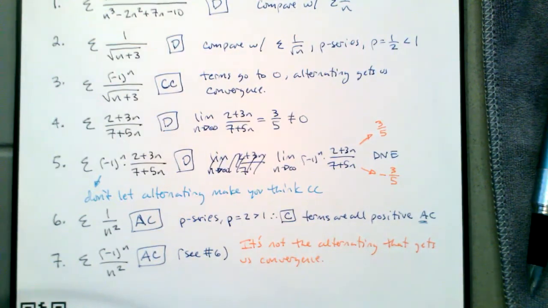It's the 1 over n squared. 1 over n squared goes to 0 fast enough on its own. We don't need alternating to get us convergence.